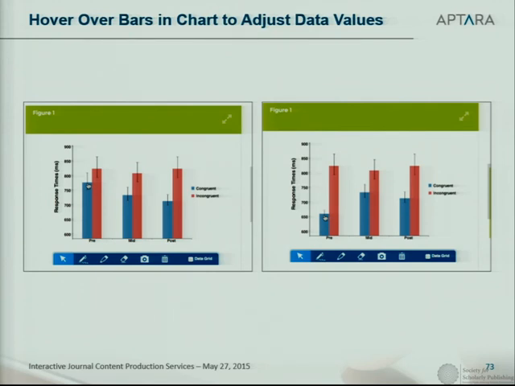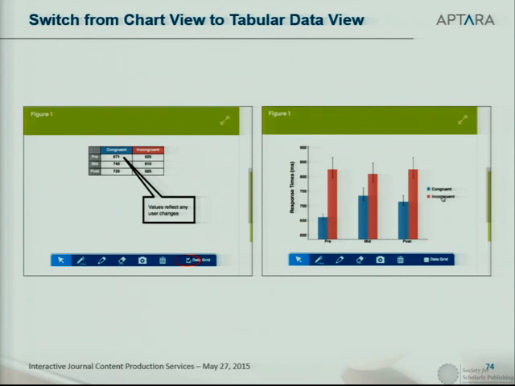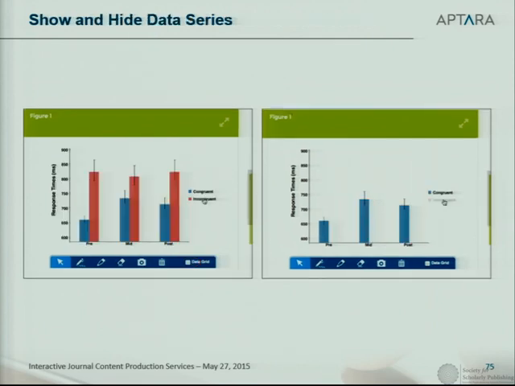When you hover over, and it's not obvious from here, when you hover over a certain point in the chart, you will see the data point or the value at that point, and you can change those. You can drag and move them around. If you go to a table view, the values that you've changed in the chart will go to the table view, and you can also turn pieces of the data on and off as you go.